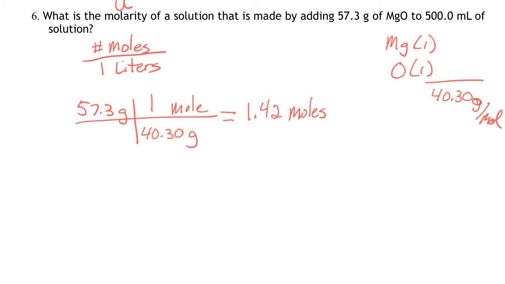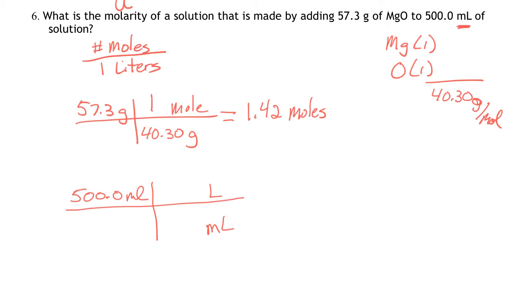I figured out how many moles I've got, and now I got to find out how many liters. But check this out. This volume is in milliliters, so I got to convert that to liters. So I'm going to start with my known, 500.0 milliliters. Got to have milliliters on the bottom, and I'm going to have liter on the top.